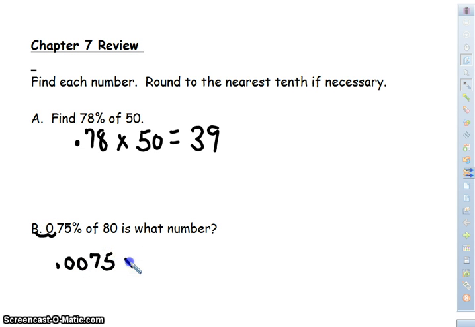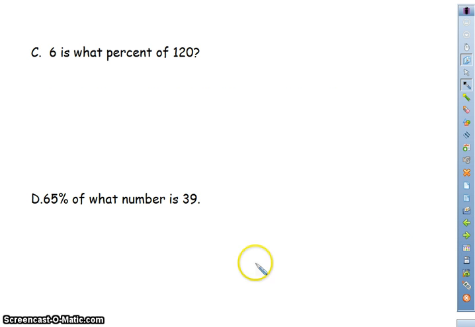So 0.0075 times 80 is going to give me 0.6. Done. Okay? Again, if you're uncertain about something on here, please write down a question, and we'll discuss it on Wednesday. Do that throughout this lesson.